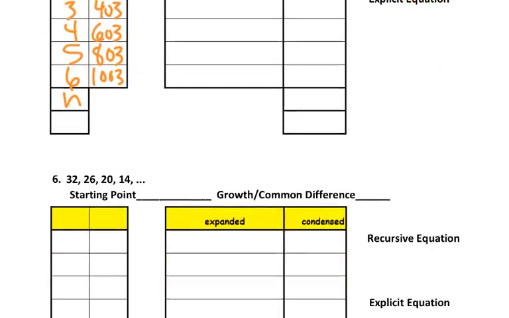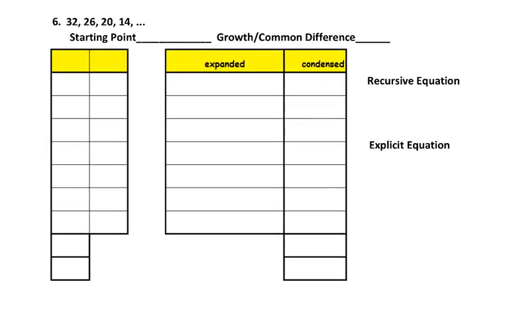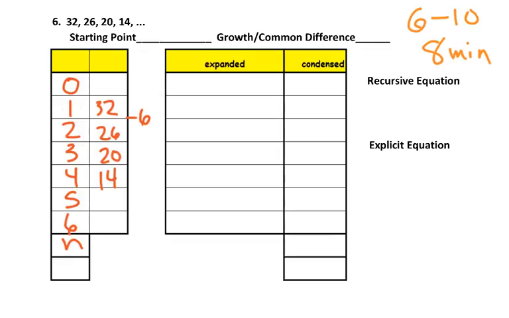Alright, so now we've got 6, 7, 8, 9, and 10. So 6 through 10. Let's give ourselves 8 minutes and get these done, okay? Alright, so hopefully you got all the way to 10 done. If we can see here, we're subtracting 6 each time. So our common difference was minus 6.